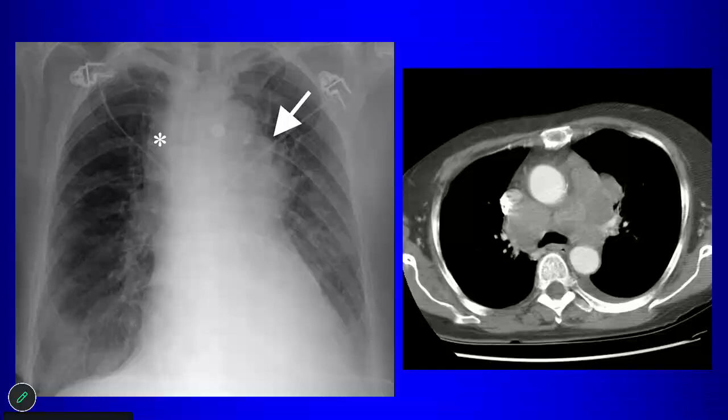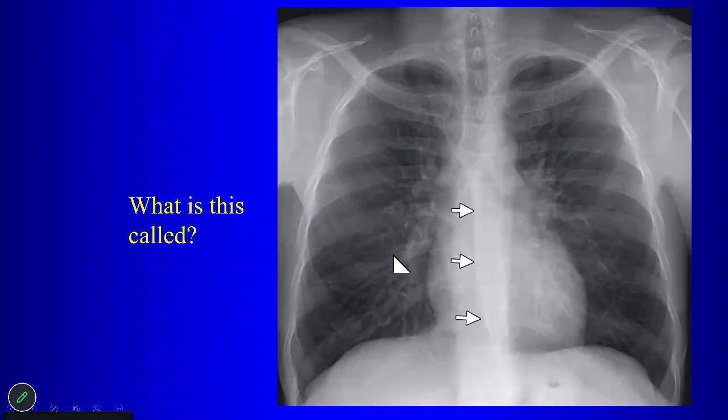Is that what you'd say? What should she say? Small cell. This was small cell cancer. Small cell is the most aggressive of the lung cancers. So if you have large central mediastinal mass and lymphadenopathy and you're thinking about lung cancer, usually small cell is what you would be thinking about, especially if the patient's a smoker.